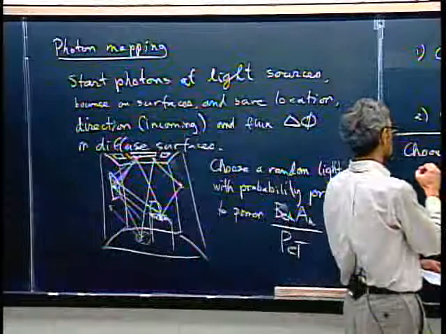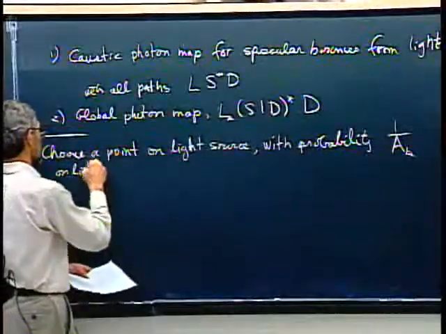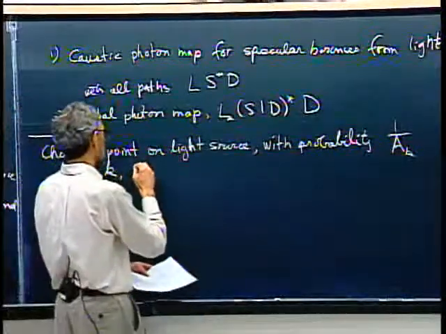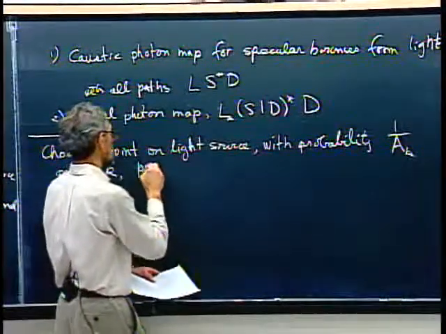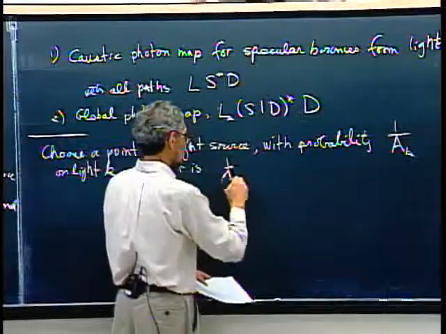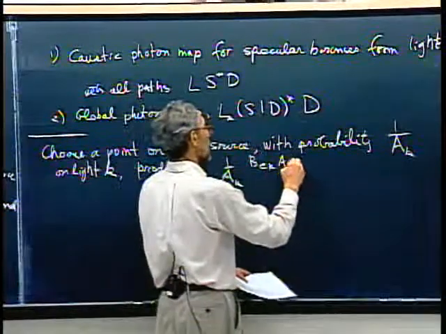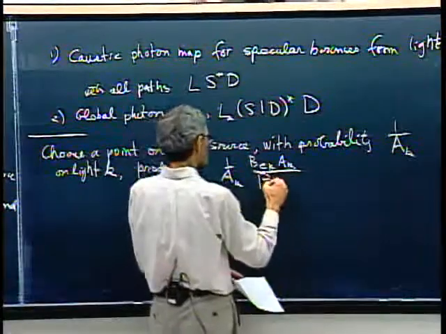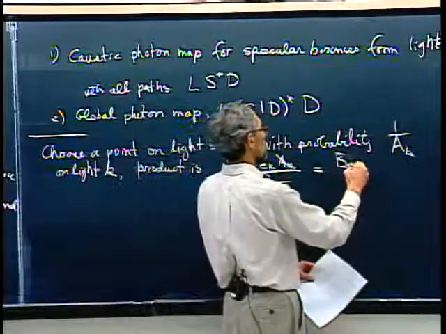So on light source K, the total probability is the product of those two: one over A_K times B_emission_K times A_K, over the total emission power, what did they call it? P_ET. And so the A_Ks cancel, and you get the probability that's given in the book.